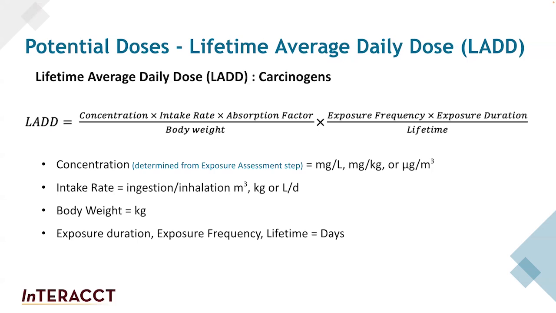All of this is then averaged over a standard lifetime, typically expressed in days. This approach helps capture long-term risk, even if the exposure only happened for a short period during that lifetime. Understanding LADD is essential when evaluating potential cancer risks from environmental or occupational exposures.